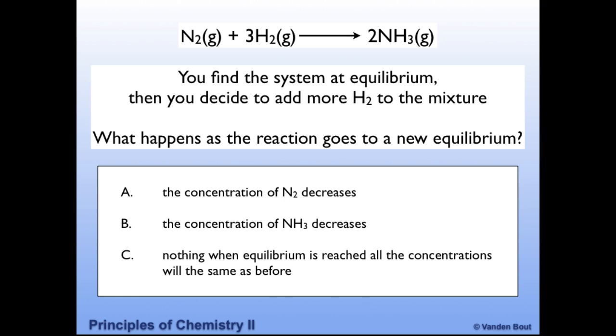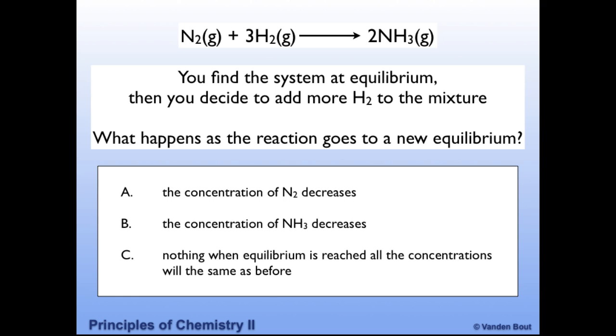We can look at this in the context of adding or removing reagents. Let's take this example of nitrogen and hydrogen forming ammonia. Imagine you found a reaction mixture which was at equilibrium already, and then you decided to add more hydrogen gas to that mixture. What will happen as the reaction shifts to the new equilibrium?